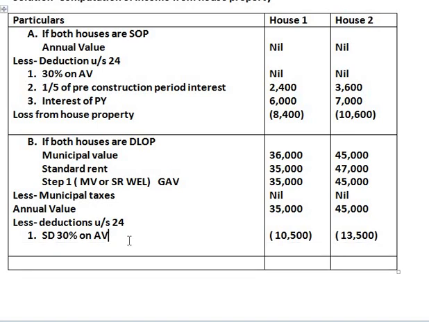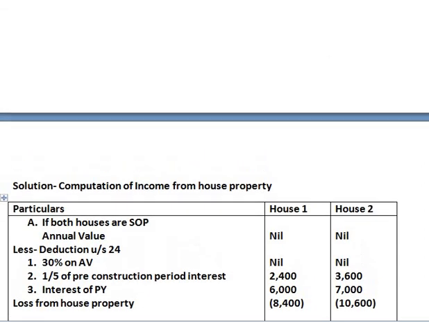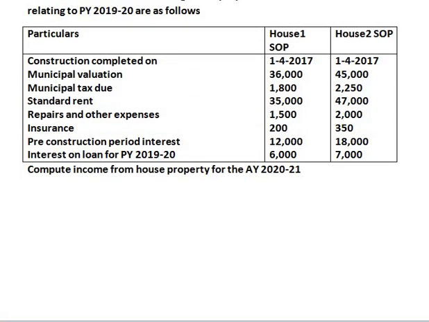Coming to the next part. Once we are done with the standard deduction, next is 1/5 of pre-construction period interest. This we have already solved in the previous option, that is when both the houses are treated as self-occupied property. 1/5 of 12,000, 1/5 of 18,000.